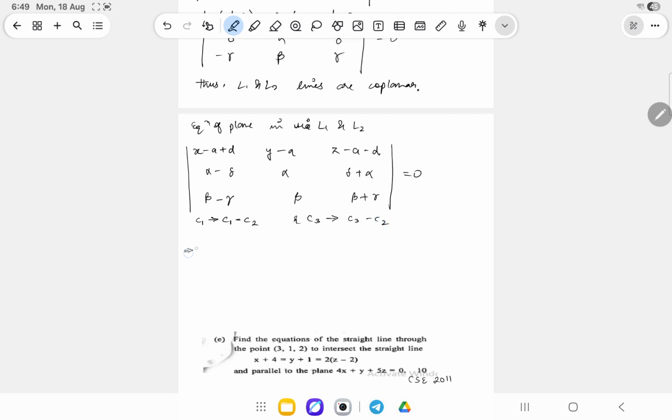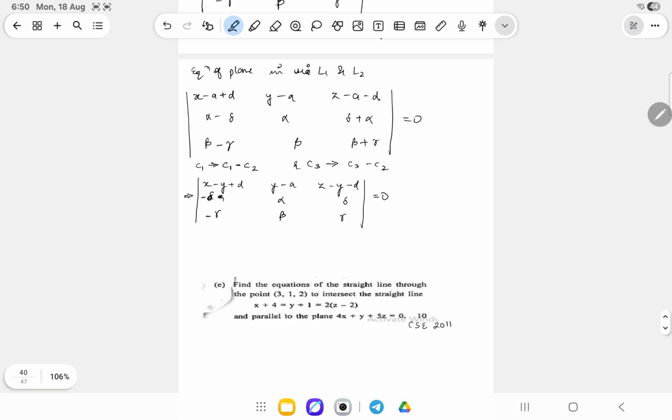So from here we'll get x minus y plus d, y minus a, and z minus y minus d, and alpha will be balanced out by alpha and c2 minus alpha, and here we'll be left with delta. Likewise here minus gamma, beta and gamma, which must be equal to 0.